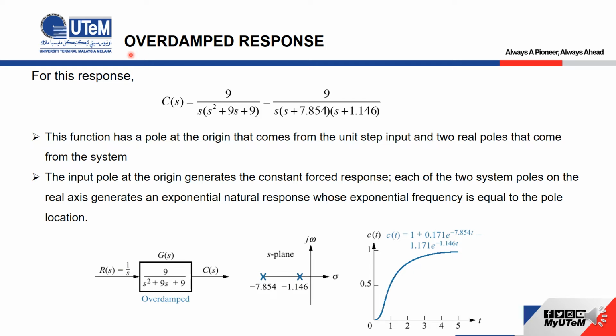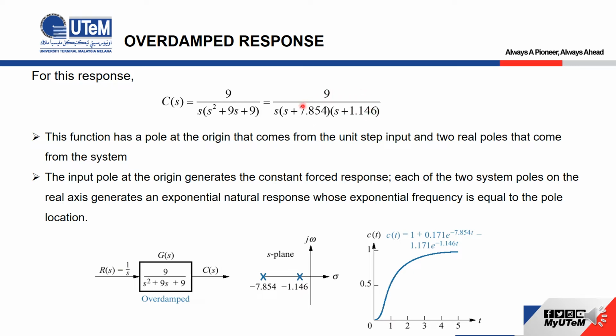For the overdamped case, for example, we have this response with C(s) equal to 9 over s times s squared plus 9s plus 9. This part we can factorize and then we get this equation.